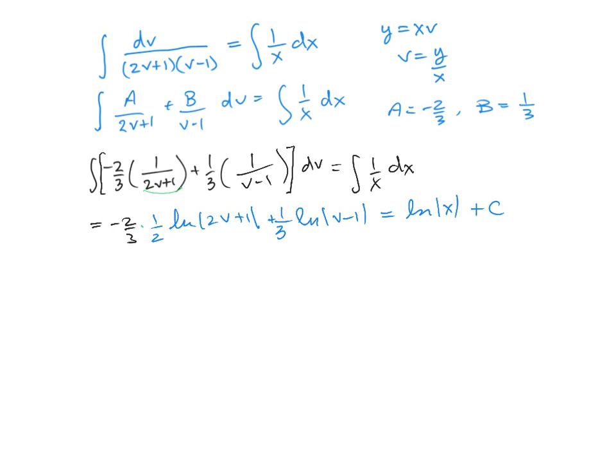If we now simplify this down, we're going to have a negative 1/3 natural log absolute value 2v plus 1 plus 1/3 natural log absolute value v minus 1 is equal to natural log absolute value x plus c.